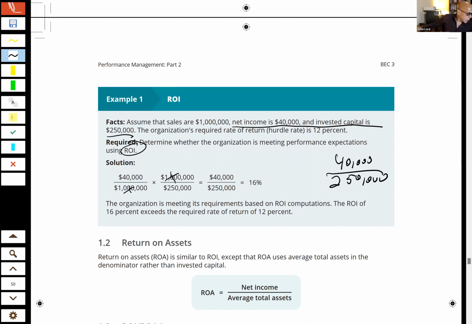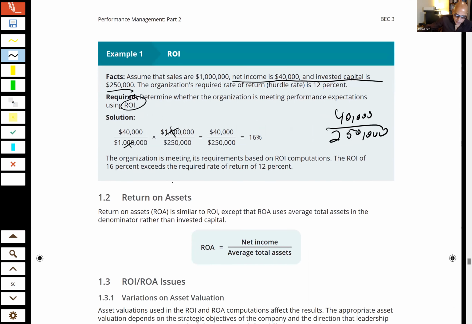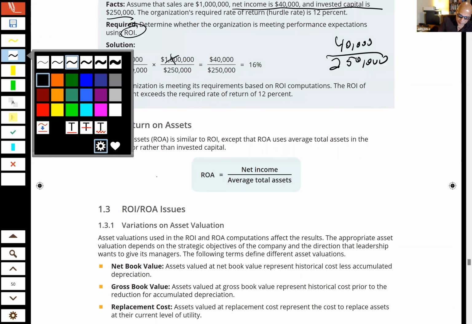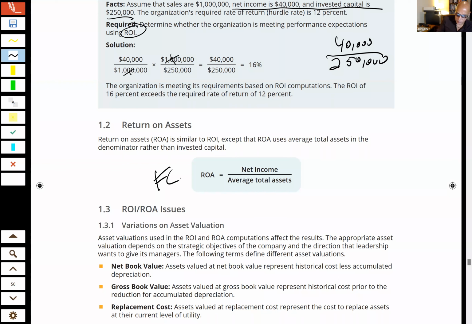Okay, good. Come over and let's take a look at return on assets, guys. Again, sometimes I don't have a lot to say about these. You've got a flashcard on it. Return on assets is net income divided by total average assets.